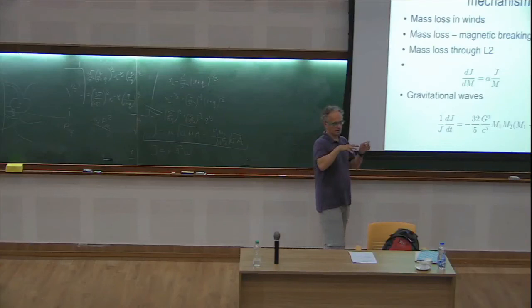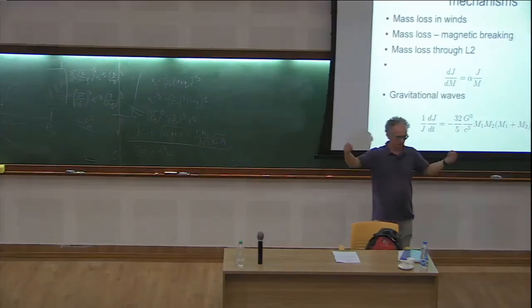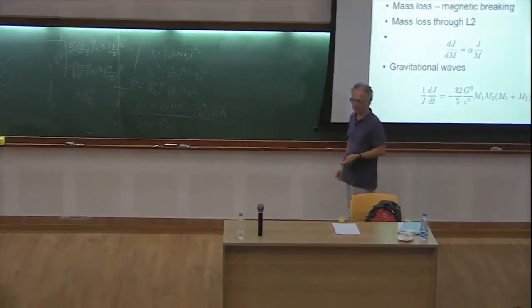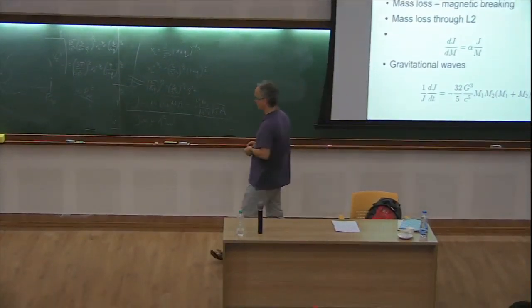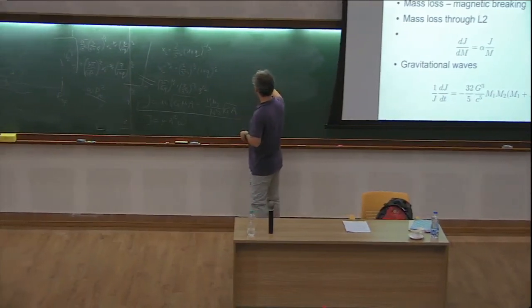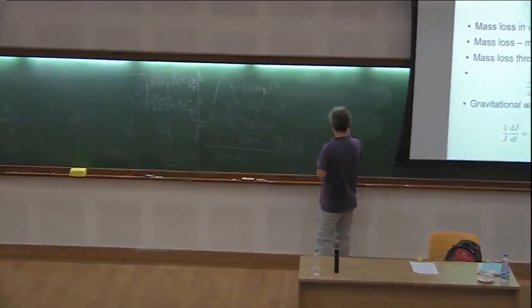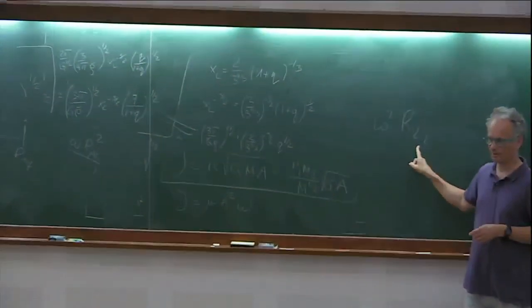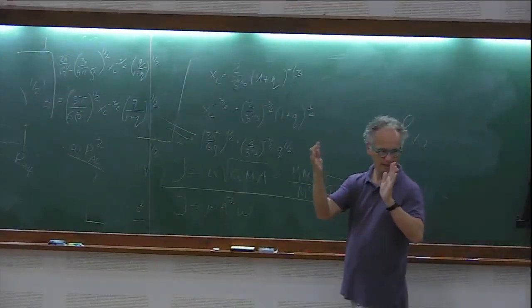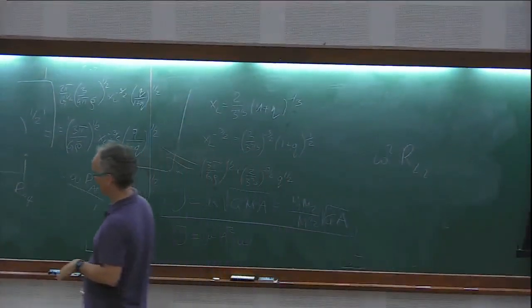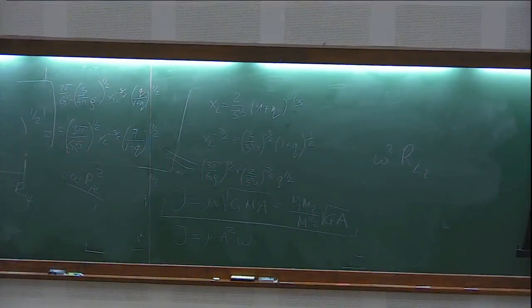The matter is going to the system until it reaches the L2 Lagrangian point. So the effective specific angular momentum will be omega squared times L2, which is larger than the radius where the star was rotating.